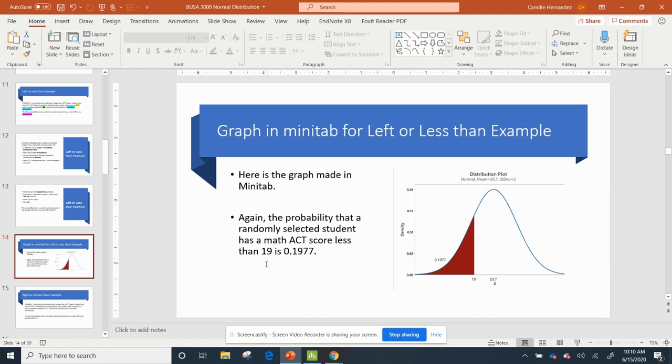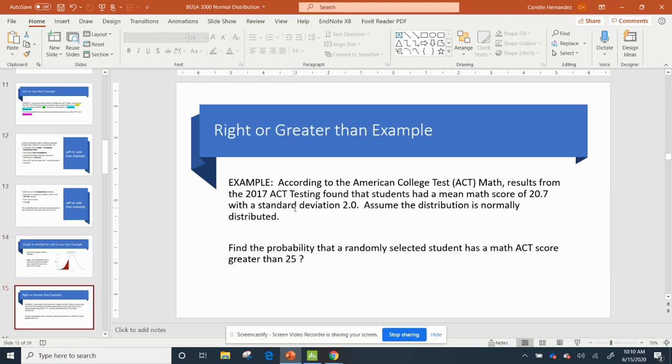So that was a less than. Let's look at a greater than. So again, according to the American College Test Math, the results from the 2017 ACT testing found that students had a mean math score of 20.7 and a standard deviation of 2. Assume the distribution is normally distributed.